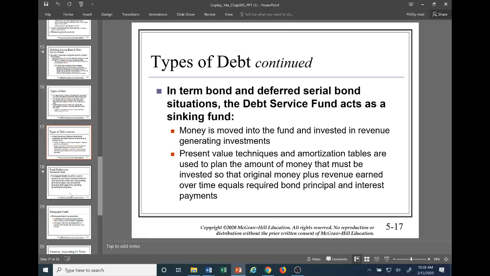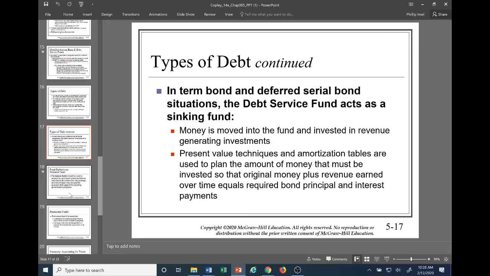We're going to put that money in there and invest it in money generating investments. So if we're putting money in and nothing's due yet, it's acting as a trustee or a third party or a sinking fund by holding that money in an investment to one day pay for that debt, or extinguish that debt.